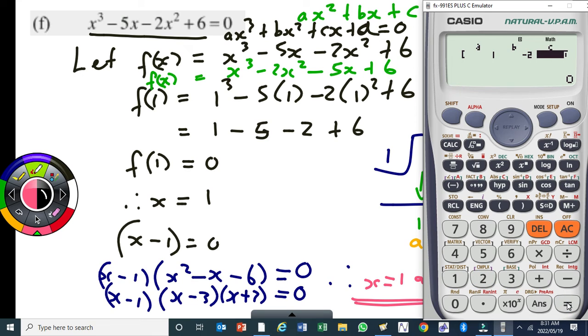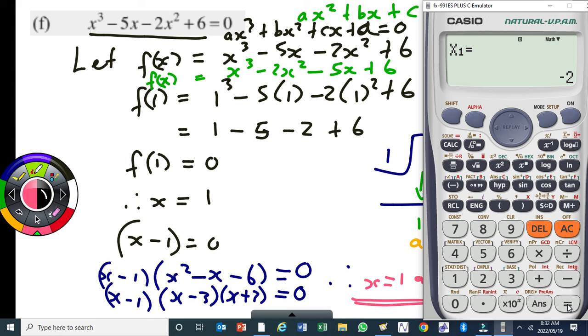C is minus 5. And d is positive 6. Alright? Then you press equals.